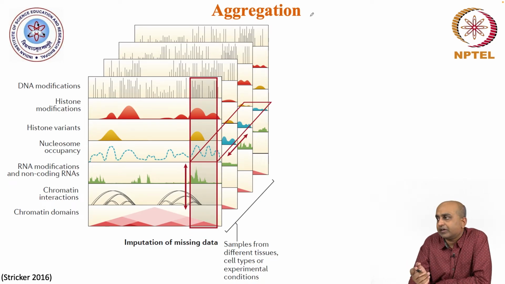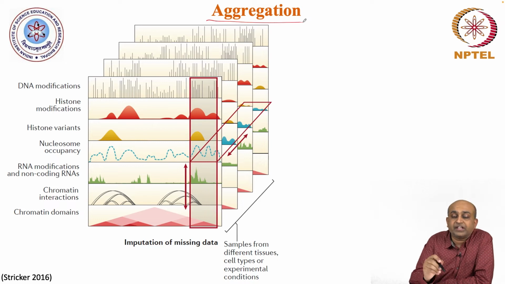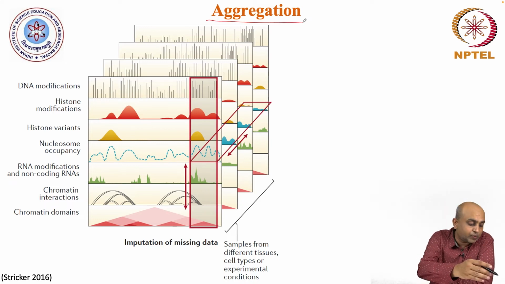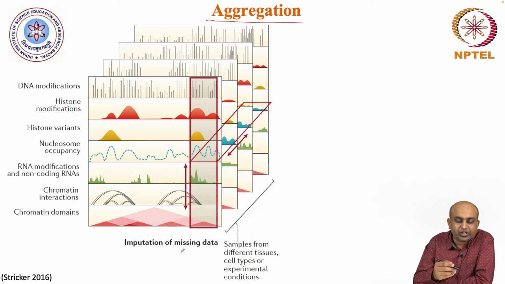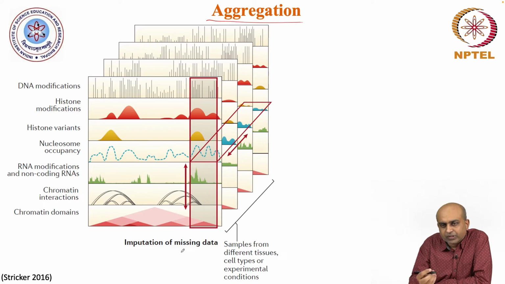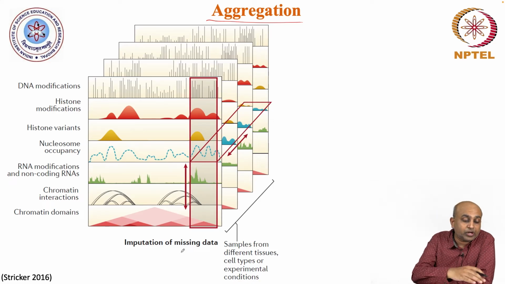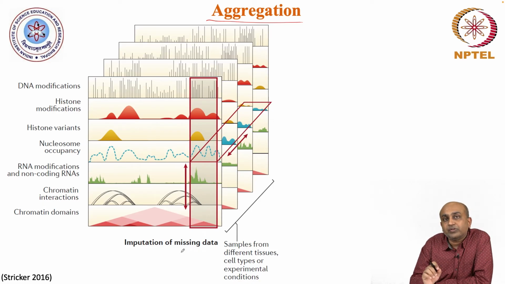Another thing that you can do in terms of data integration is aggregation. So, when we say aggregation, let us say you have all these different data types and you have them across many individuals. Of course, you can impute and fill up some of these data, but then if you look at all these data, it is very difficult to infer what they mean overall, right?